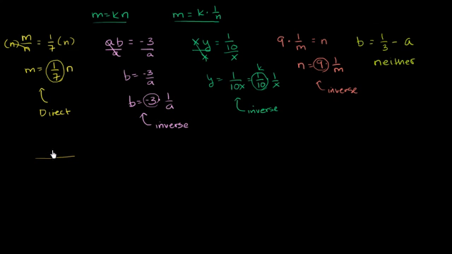In direct variation, if you scale up one variable in one direction, you would scale up the other variable by the same amount. Let me do this with m and n.